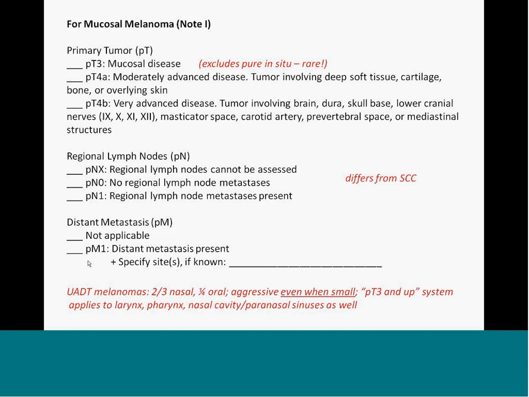They exclude pure in situ melanomas, which are extremely rare. Sometimes we do see in situ melanoma around an invasive melanoma of the nose, but a pure in situ melanoma I think would be extremely rare. And this system for staging the mucosal melanomas applies to the larynx, nasal cavity, and paranasal sinuses as well.